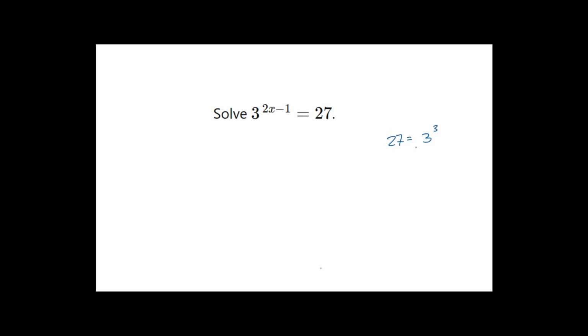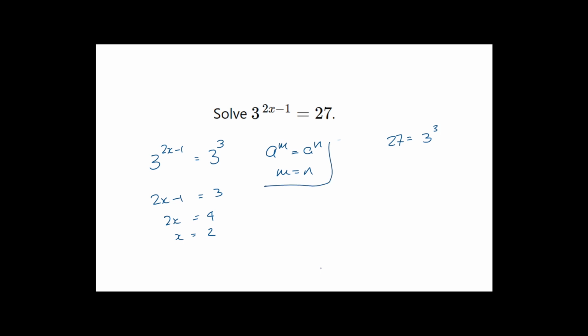So we could do it one of two ways. We could say that 3 to the 2x minus 1 equals 3 to the power of 3. And remember our rule, when a to the m equals a to the n, then m must equal n. So therefore 2x minus 1 equals 3. So 2x equals 4. x must be equal to 2. That's one way of doing it.